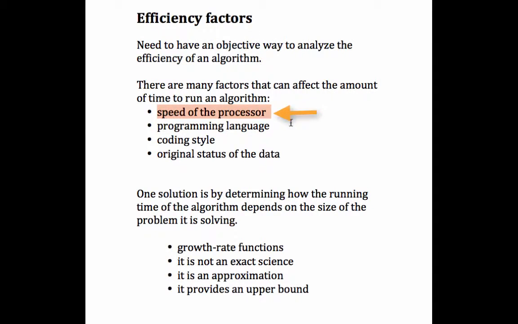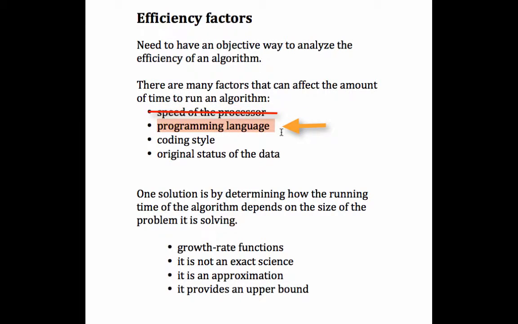Well, first is the type of processor, in other words, the type of computer that you're using. If you are running the same algorithm in a computer that you bought 15, 20 years ago, which is not a long time, probably it's going to take much, much longer than if you run the same algorithm in a laptop that you buy this weekend at any store. Okay, so the speed of the processor cannot be part of the analysis.